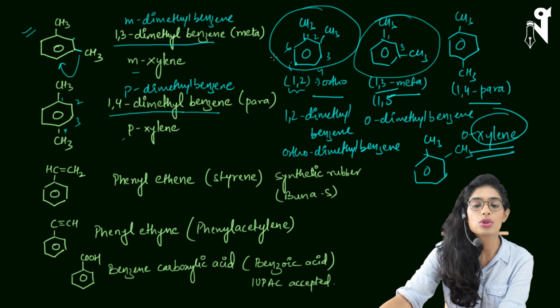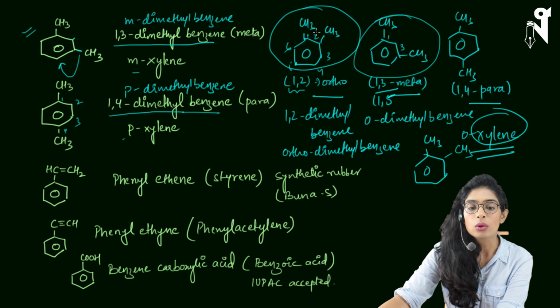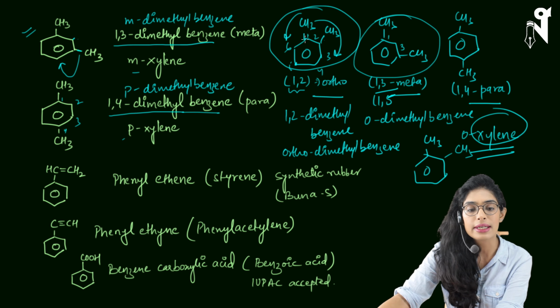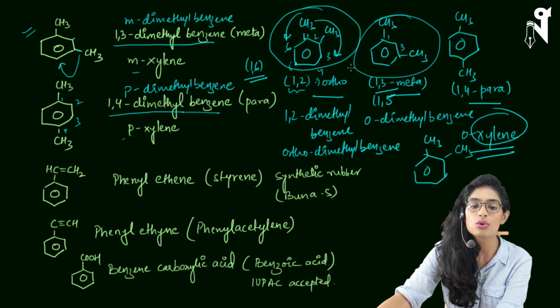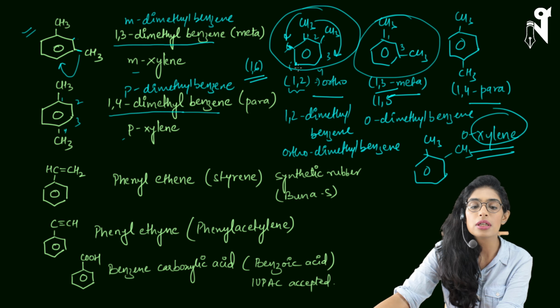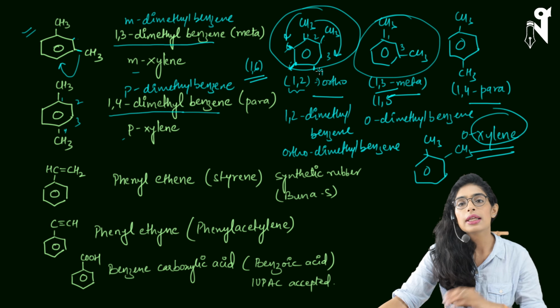And then when you talk about ortho, 1 comma 2 is an ortho position. Exactly same way, I'm going clockwise. If I go anti-clockwise, then 1 comma 6 is also ortho position. If something is present here, it will be called as meta position. If something is present on the fourth position, then it will be para.